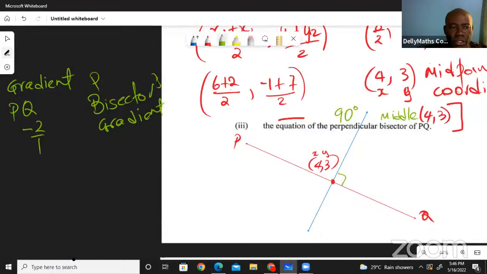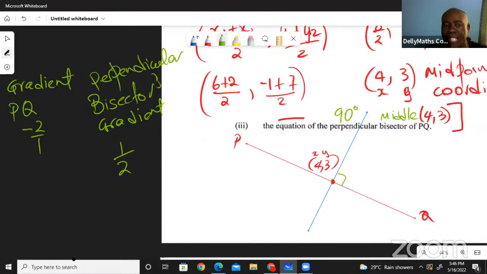Let me put perpendicular. All right. So we're talking about the perpendicular bisector's gradient is going to be the negative reciprocal. So you turn it upside down and change the sign of the entire thing. For those of us who think that it is just a 2 that is the negative here, 2 over 1, it's fine.